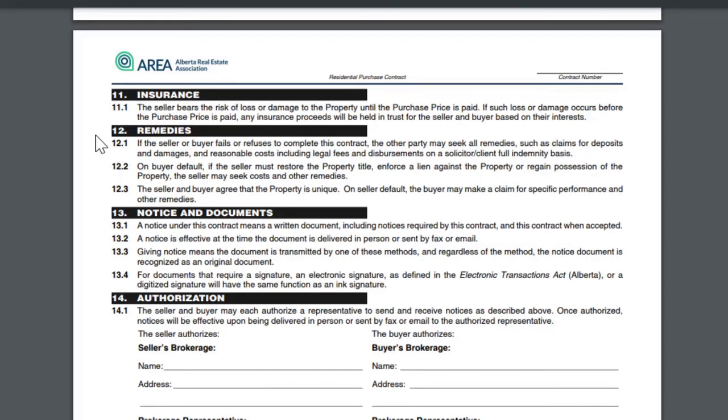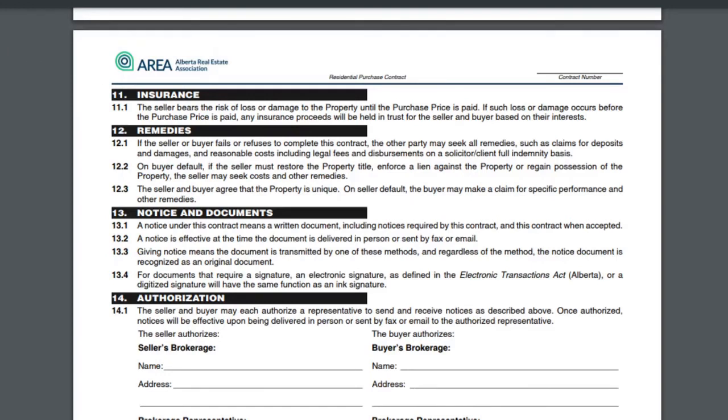Us real estate agents are out of the deal at that point. We have handed a contract to you, now we give it to the lawyers, and the lawyers' hands are tied to whatever we've done here. So sometimes we need to get their feedback. Sometimes you want to have your lawyer on speed dial and ask, what do you think about this or that? Oh, well, we might want to look at this or that.